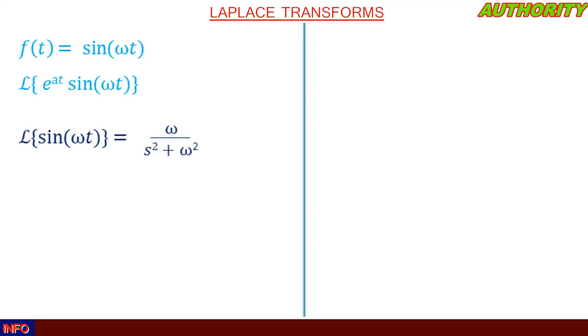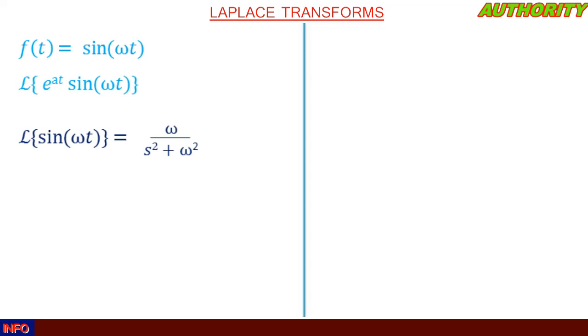Okay, now let's go. Now this sine omega t is being multiplied by e raised to the power of at. How is it going to look like? That means in this Laplace transform of sine omega t, anywhere we see s, we replace it with s minus a, because it's being multiplied by e raised to the power of at.